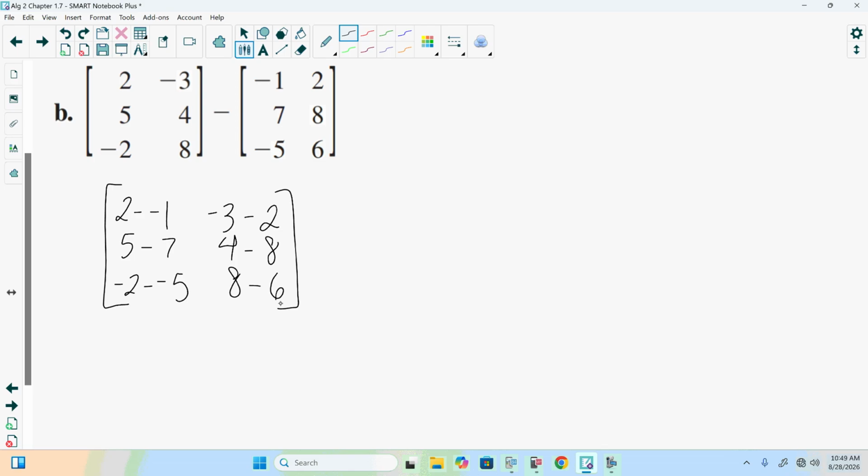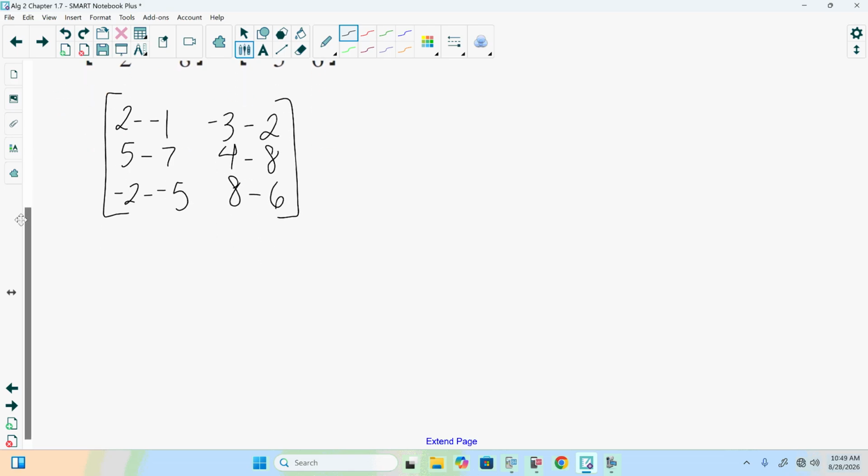Well, the last thing we need to do is actually simplify this. 2 minus -1. Negative and negative make a plus, so 2 plus 1 is 3. -3 minus 2 would be -5. 5 minus 7 is -2. 4 minus 8, -4. -2 minus -5, well, negative and negative make a plus, so -2 plus 5 is 3.